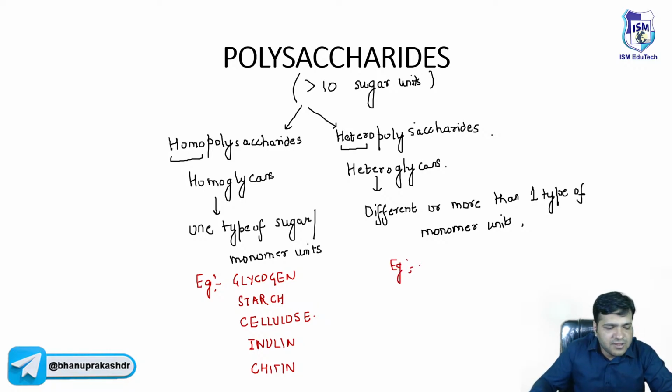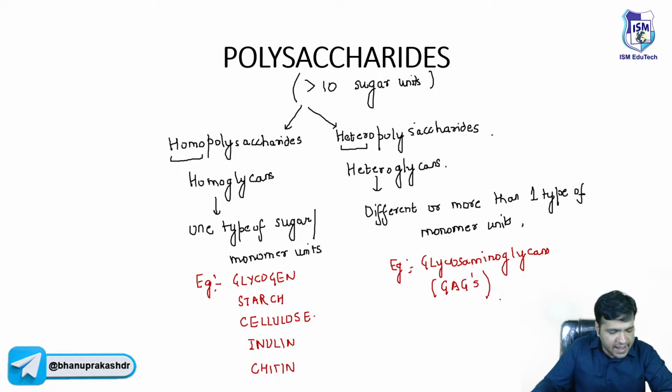Examples of heteropolysaccharides are glycosaminoglycans, commonly called GAGs.